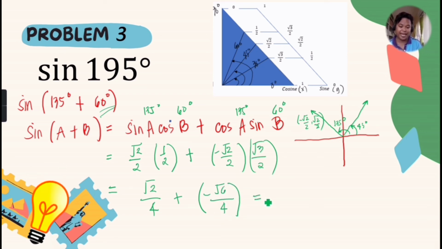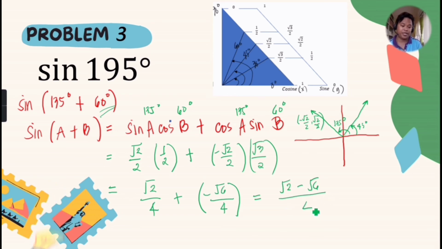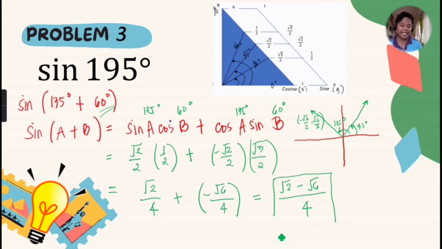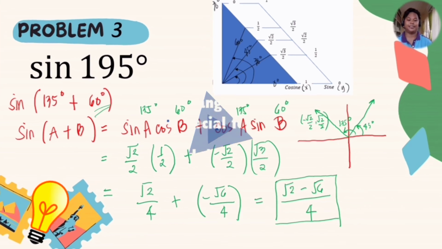Then, simplifying, we have square root of 2 minus square root of 6 all over 4. So, this is now the value of sine 195 degrees using the special angles and reference angles.